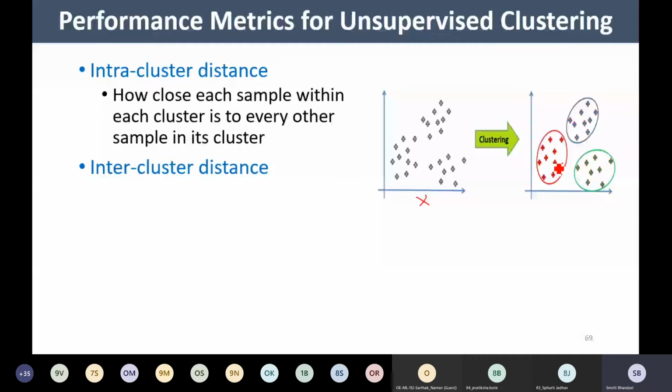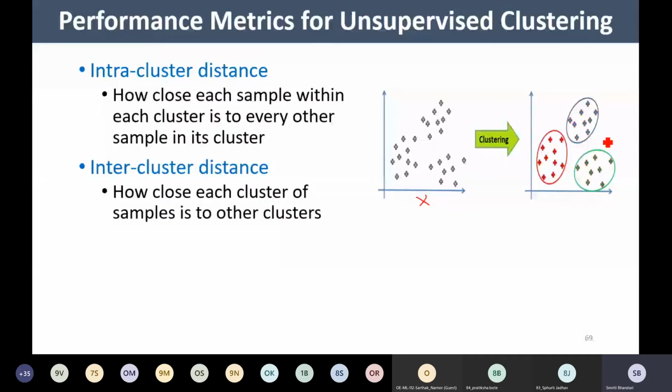The next performance metric is inter-cluster distance. Obviously, it is the distance between two clusters: how close each cluster of samples is to another cluster of samples. In such approaches, the clusters each have one centroid.